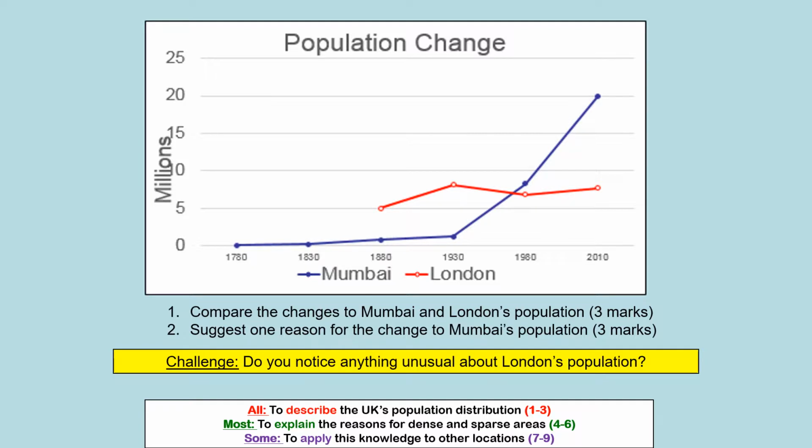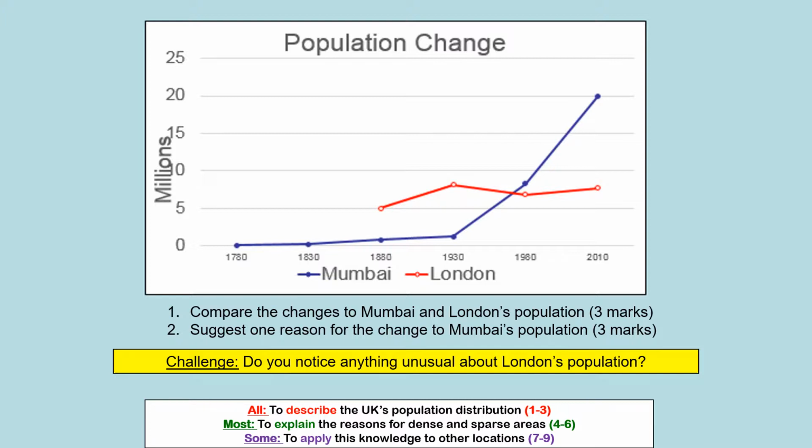Now, as you can see, London and Mumbai's population in this graph have changed in different ways over time. I want you to have a go at firstly comparing the changes between Mumbai and London's population.